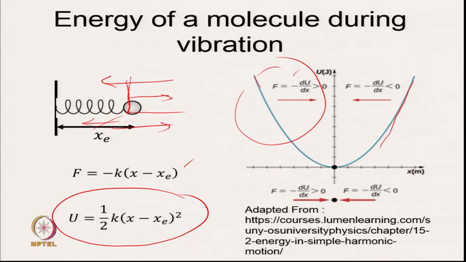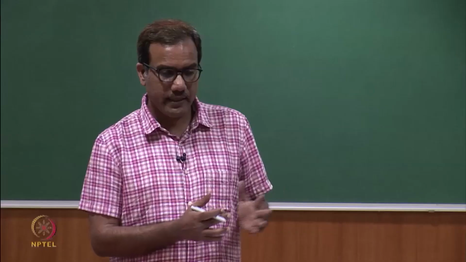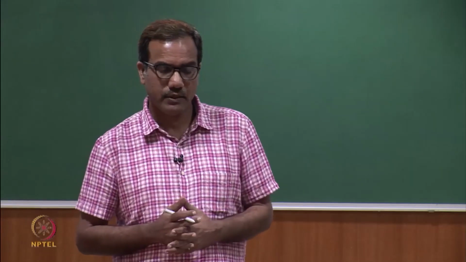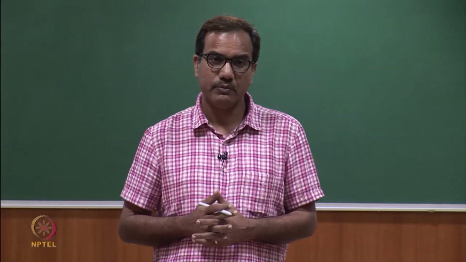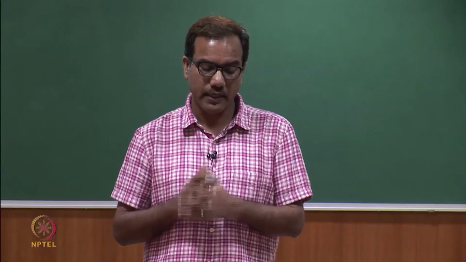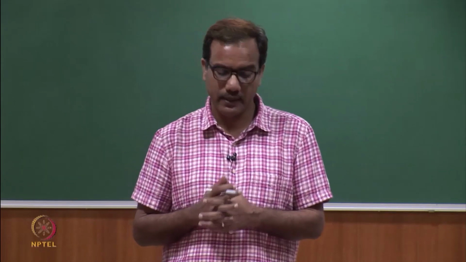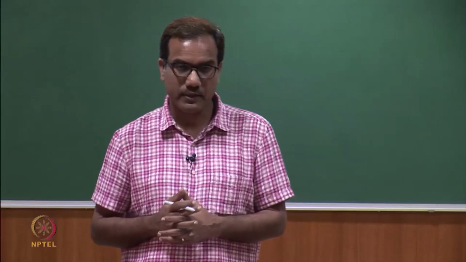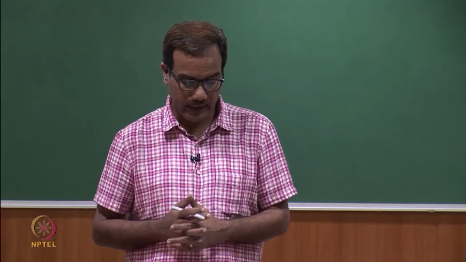If you look at the slope here, it is negative, and so f is going to be positive. Positive means towards the right-hand direction. So, this basically tells you how potential energy changes with your displacement. Now we know the kinetic energy operator and the potential energy operator. Next, we are going to get the Hamiltonian operator, and finally, we will apply it to the wave function to get the value of E.